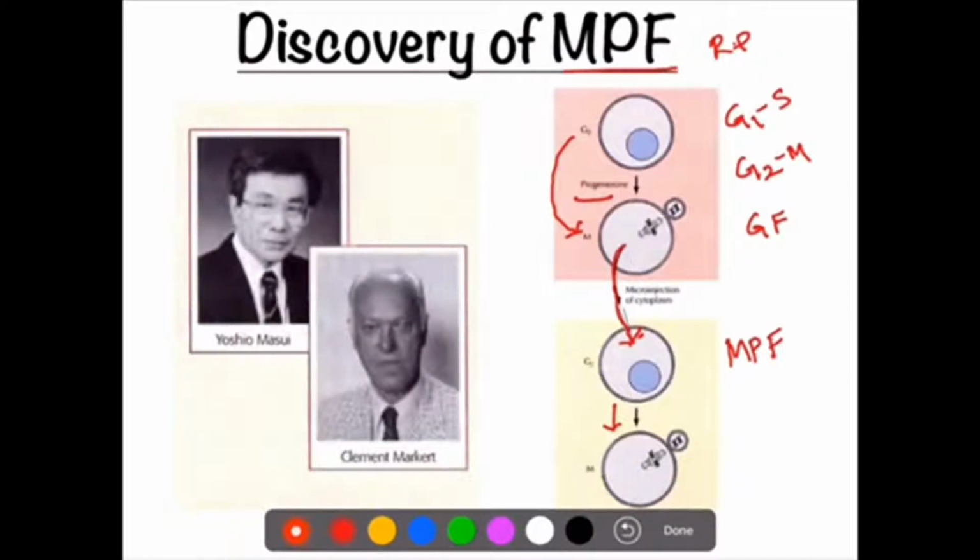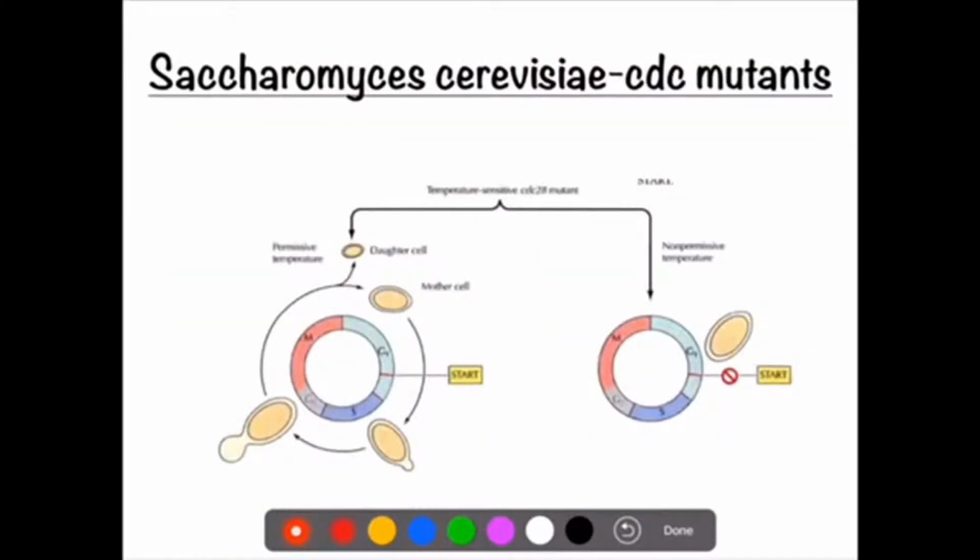In yeast cells there is another regulatory protein, called the CDC protein, and let us see how this CDC protein was discovered in yeast cells. Researchers made CDC temperature mutants, with permissive temperature and non-permissive temperature.